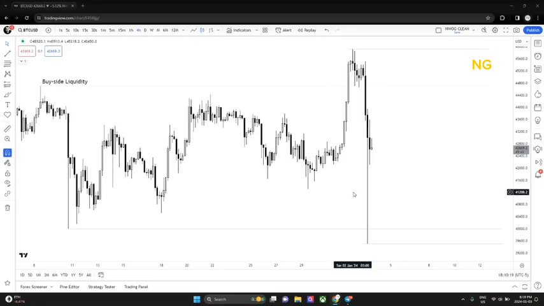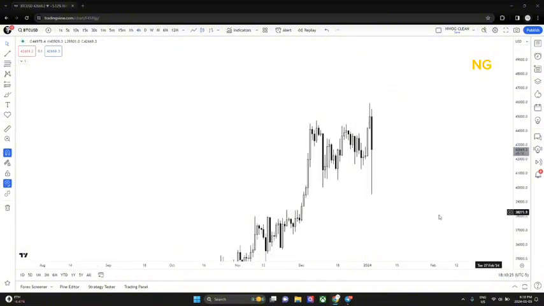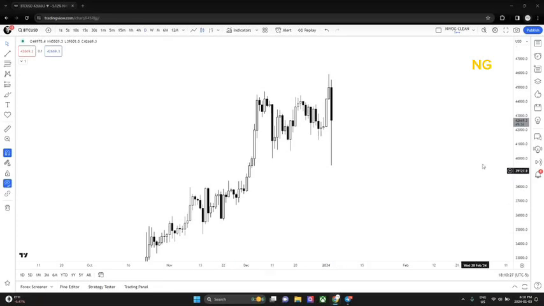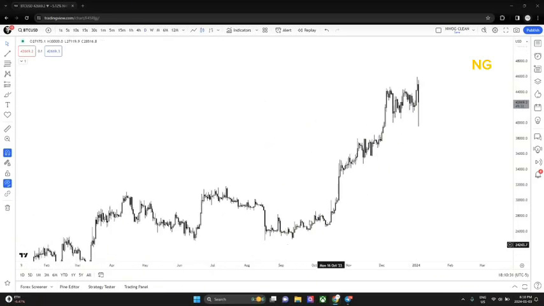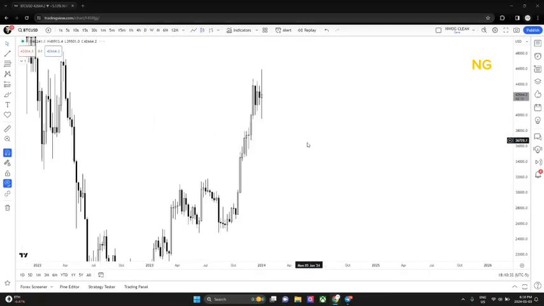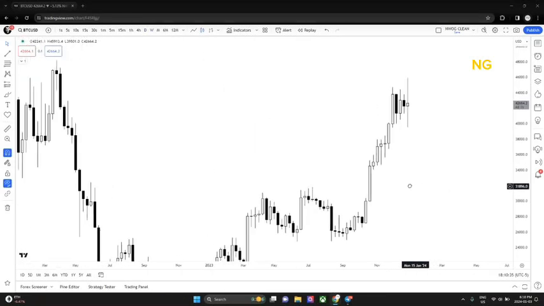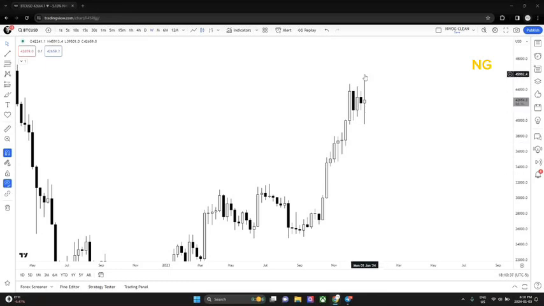That's what sell side is, any low at all. So if we do this, and we come here, this is sell side. This is a whole lot of sell side down here, right? This is sell side liquidity. This high right here is buy side liquidity. This low, sell side.